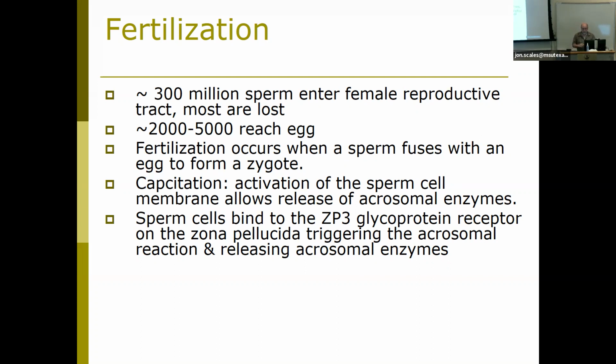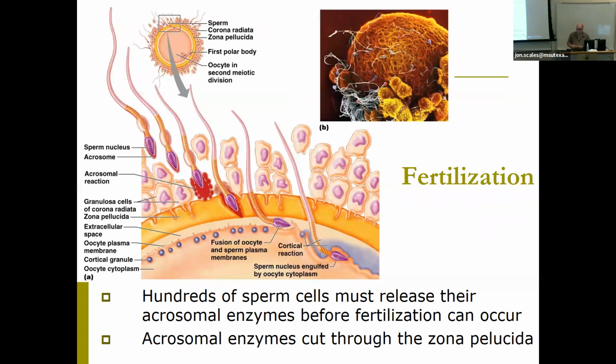The sperm actually interact with a protein on the extracellular matrix surrounding the egg. So the egg is going to have this zone around it, which we can see on this slide.